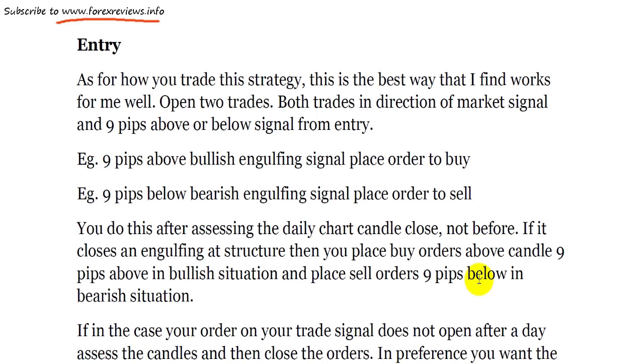On lower time frames such as the H4, it's only a few pips above the signal, like 4 or 5, or a few pips below it, in the direction of where you believe the signal's going. And I'll go over in a minute why I think 9 pips is important on the daily.